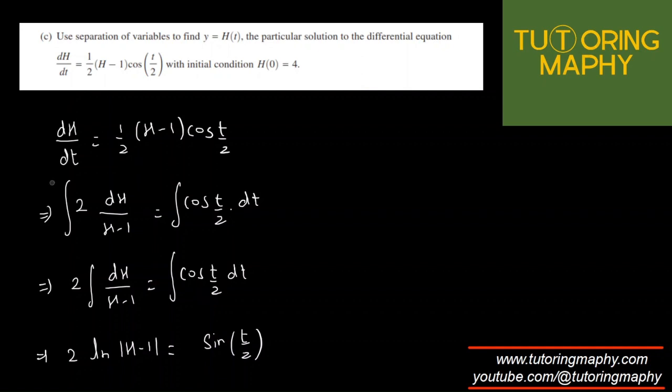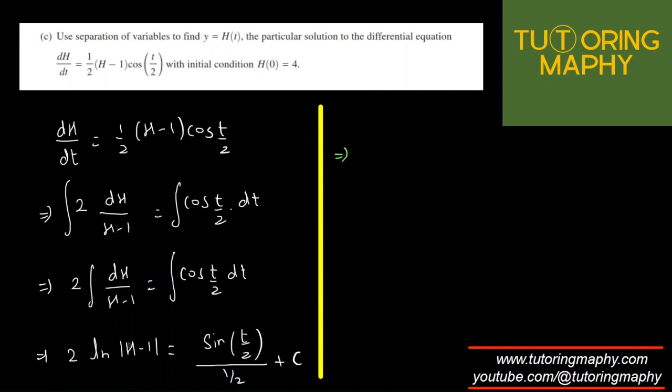There's a shortcut which says that as per the property, if the integration of cos is sine, then if there's a coefficient with the t, you just divide by that coefficient. So I'm going to divide by 1 over 2, plus obviously we have a constant of integration over here. All right, excellent. So what next?